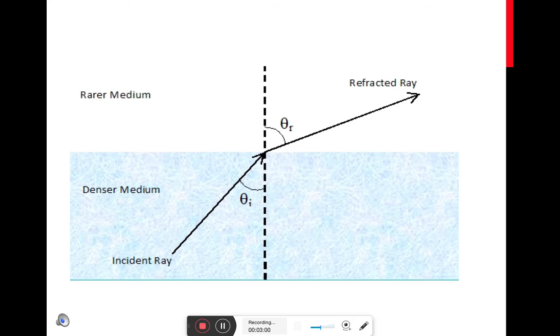That bending phenomenon is called refraction. The ray coming out from the denser medium is the refracted ray, which has an angle theta R, called the angle of refraction. The other one is the angle of incidence, which is the angle the incident ray makes with the normal.